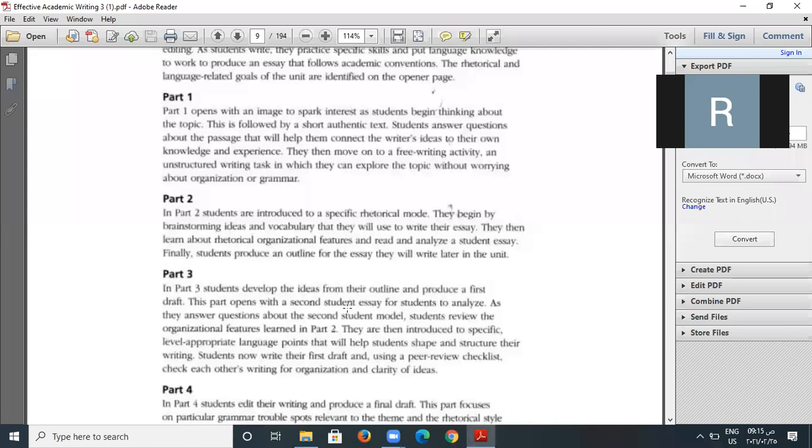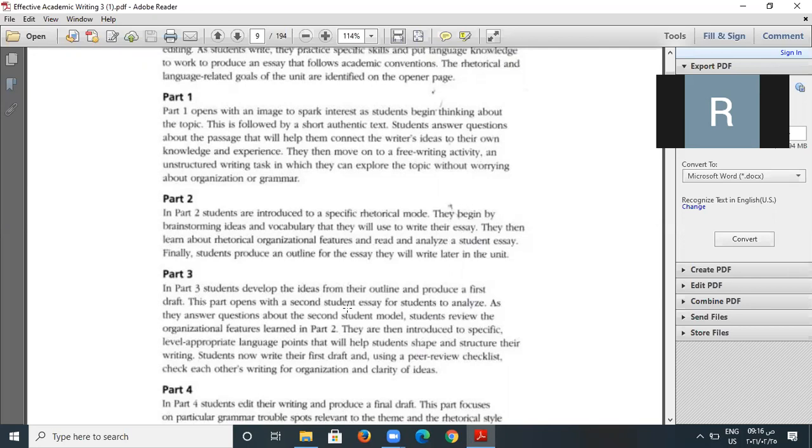So students here can develop the ideas from the outline and start to produce or write the first draft. In this part also, we have a second student essay for students to analyze. Students answer the questions about the second student model.